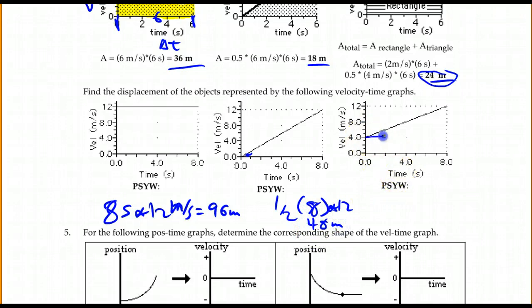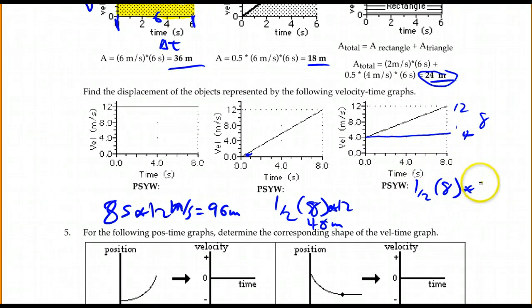And then this one, the key spot here is the 4. During the triangle part, we've gone from 12 to 4, so the height of that is 8, and we're doing that for 8 seconds. So we have 1/2 of 8 times 8. Half of 64 is 32. Plus, we're going to have to add the rectangle part. That's this section down here.